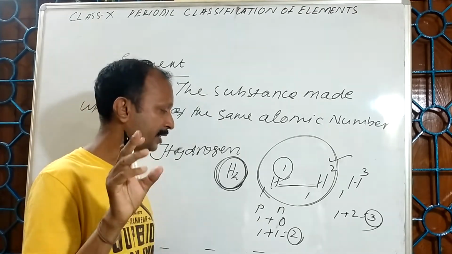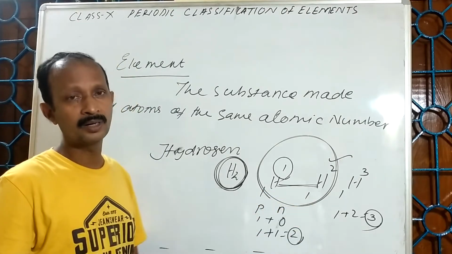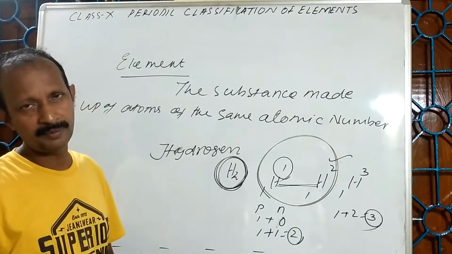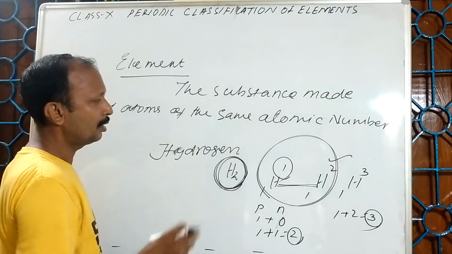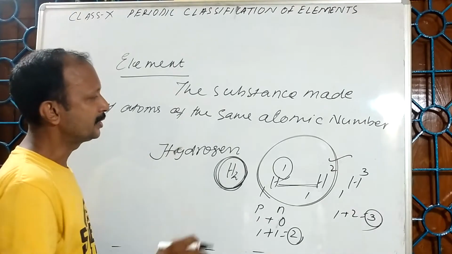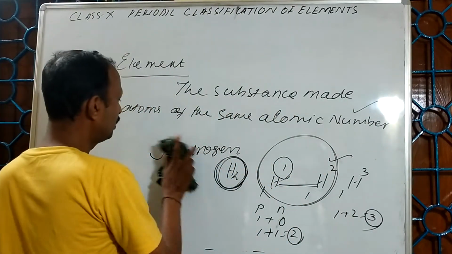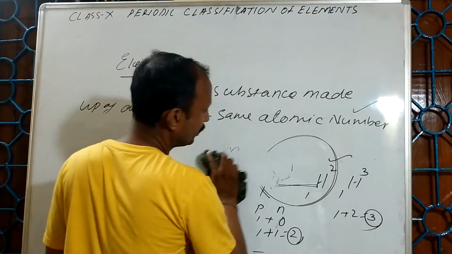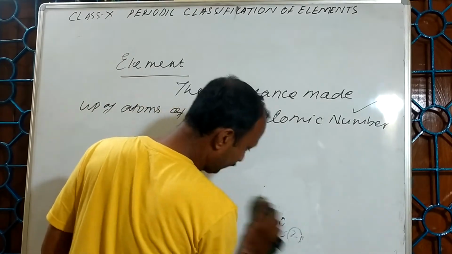Instead of that, I can say that both have the same atomic number. That's why the definition I have written: the substance made up of atoms of the same atomic number. It is exactly correct. So this is the definition of an element.